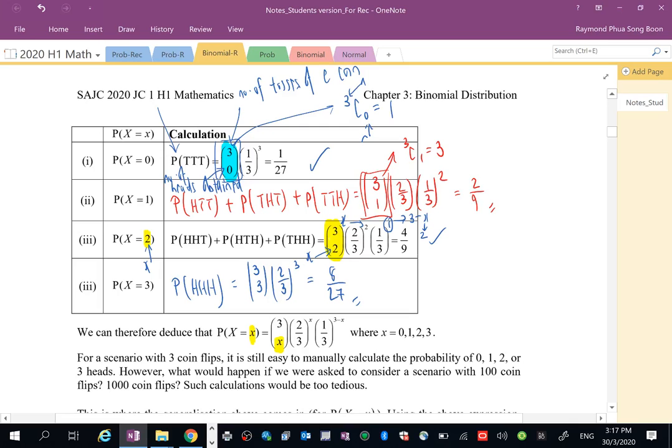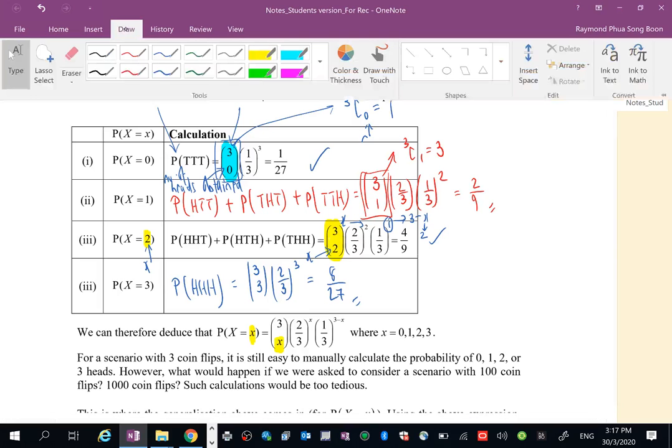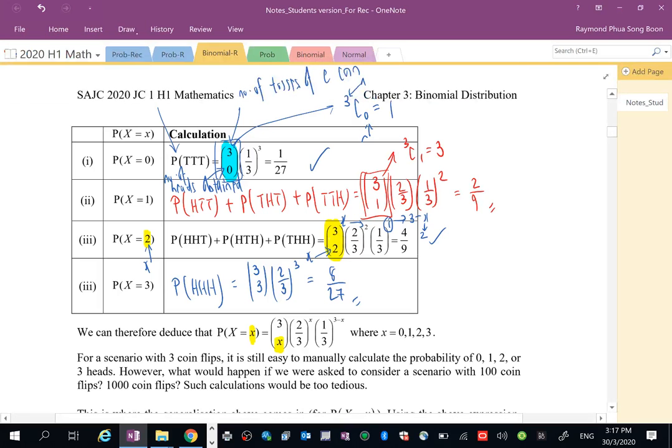Alright, so we generalize by observing the expressions for part 1, part 2, part 3, and part 4, and we are able to come up with this expression or formula, where small x takes on the value 0, 1, 2, or 3.